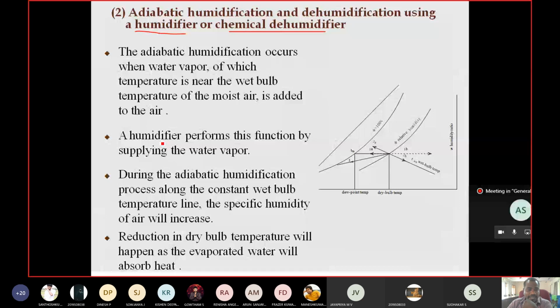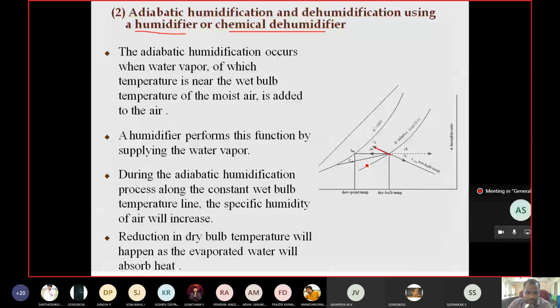So during the adiabatic humidification process along the constant wet bulb temperature line, the specific humidity of air will increase. So specific humidity of air will increase. Yes, this is the process 2A.